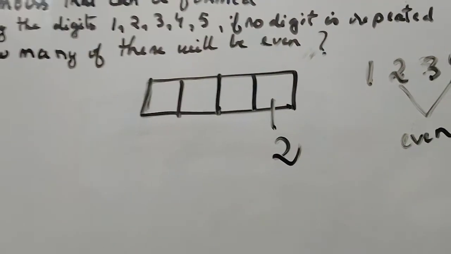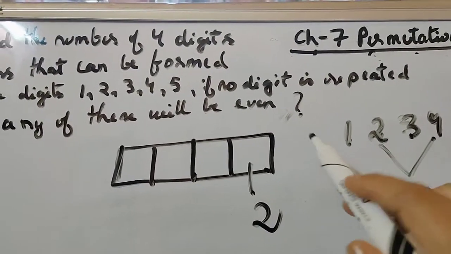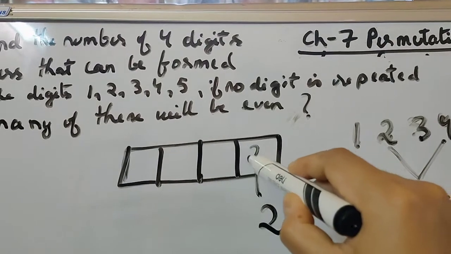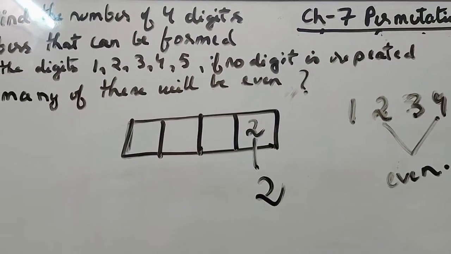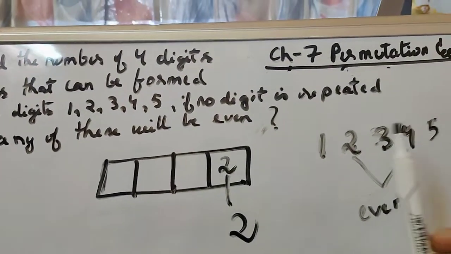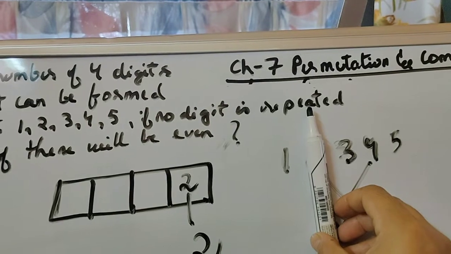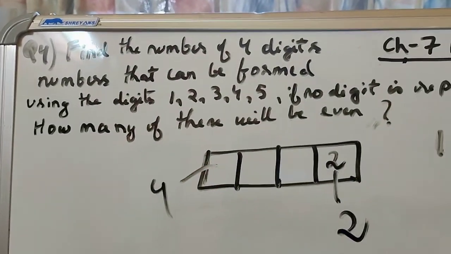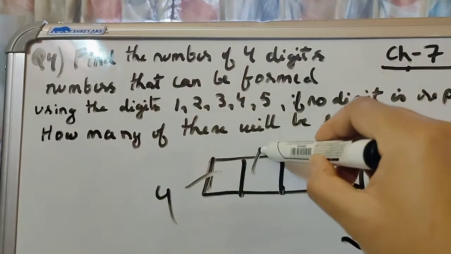Now digits cannot be repeated. Suppose constructing the 4-digit number, suppose I have taken for one place the number 2, an even number. Then 2 is taken, so I will be left with 4 numbers only. So here I will have 4 ways. And again 1 will be reducing because digits cannot be repeated.